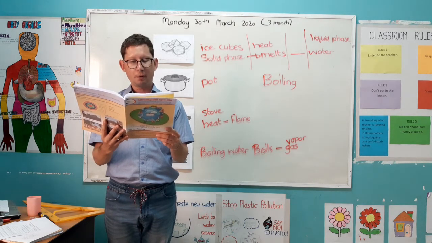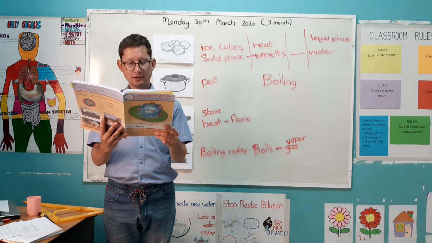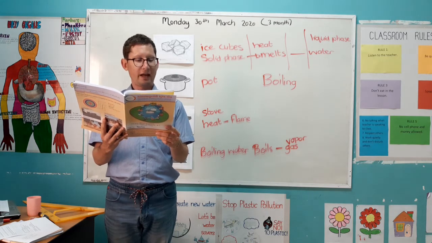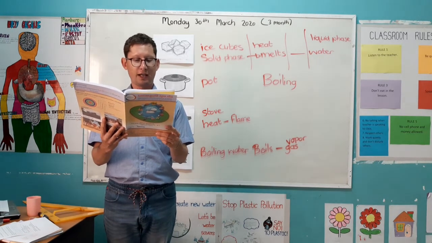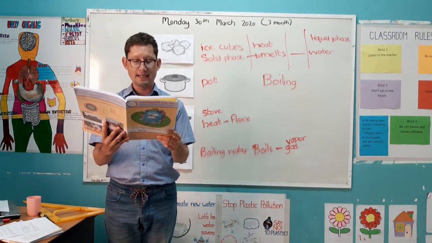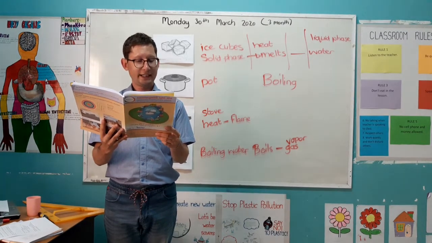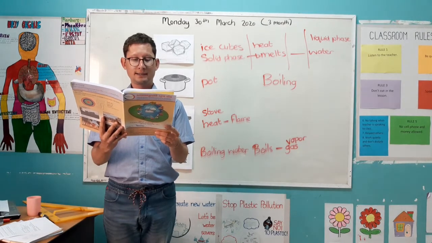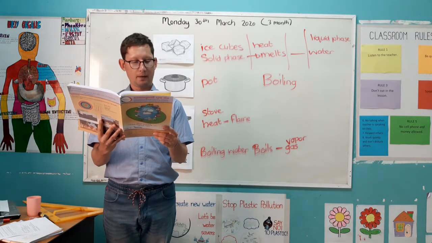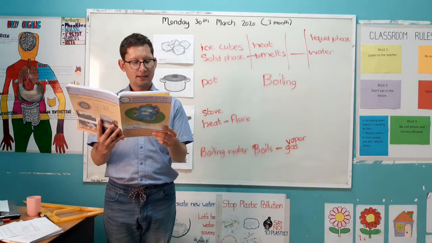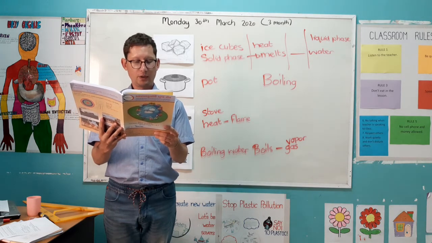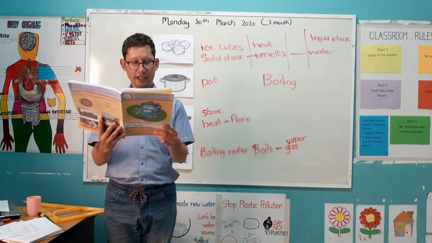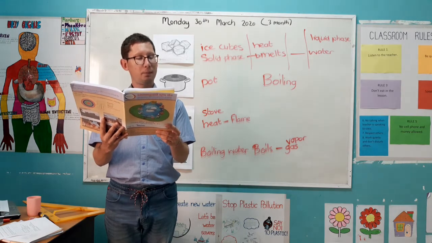Some of the heated particles move so far apart that they escape from the surface of the liquid and become a gas. Water changes into steam when it boils. Steam is heated water vapor. When a liquid gets hot enough to boil, we say it reached its boiling point.